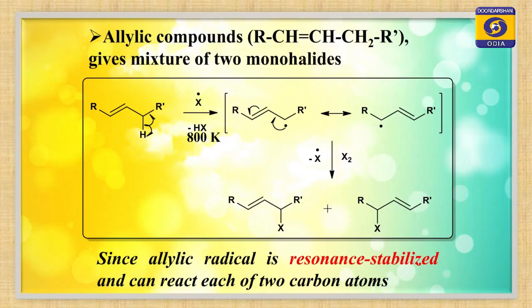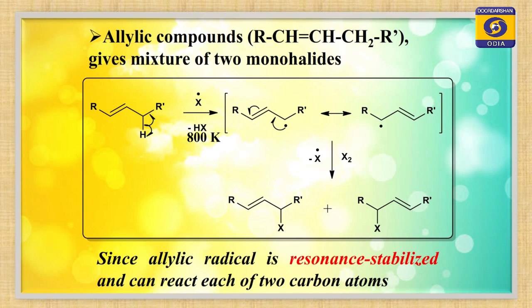Students, let us see the next example of an allylic compound of the type R single bond CH, double bond CH, single bond CH2 and single bond R prime. In this case, if you do the same process, that is halogenation at high temperature, then after the removal of hydrogen from the allylic position, the compound undergoes resonance.